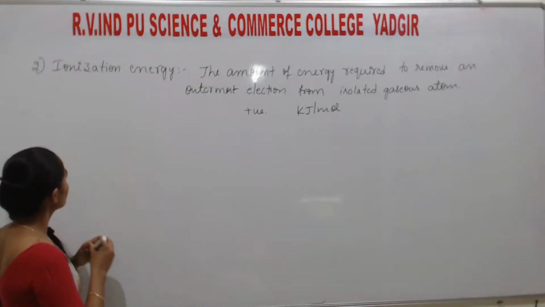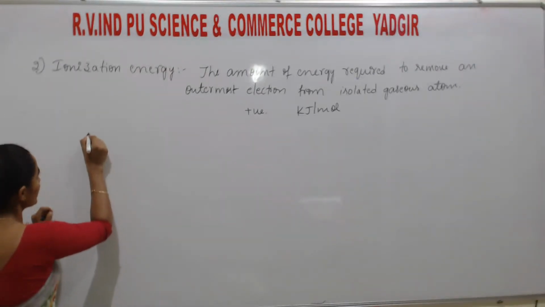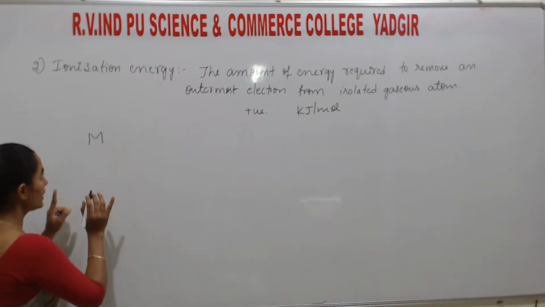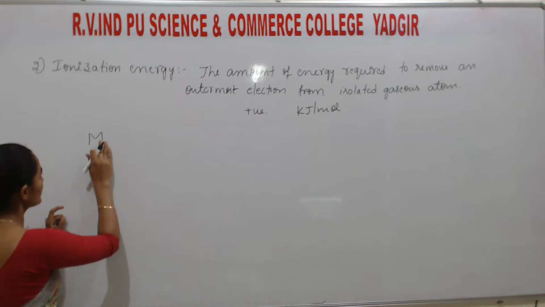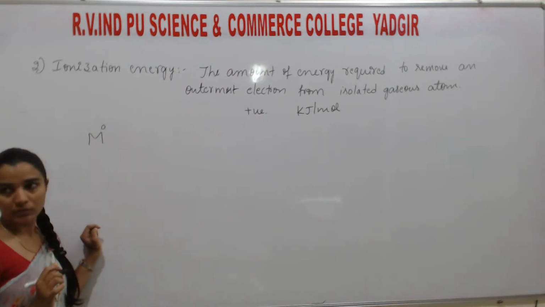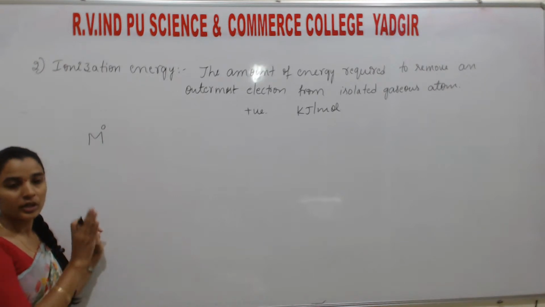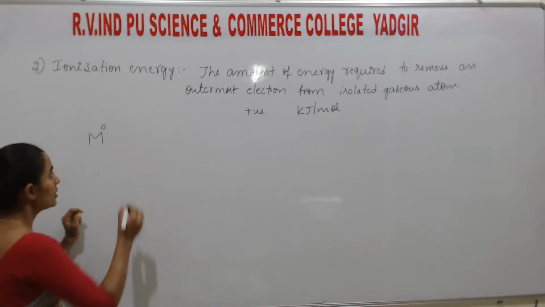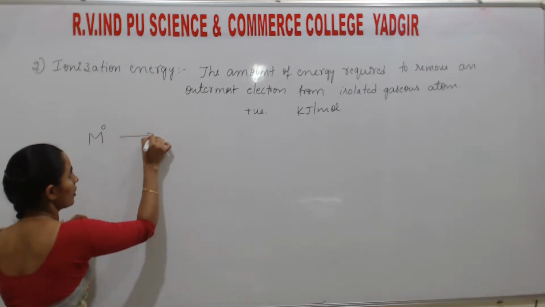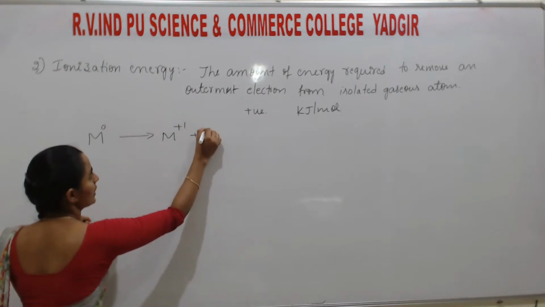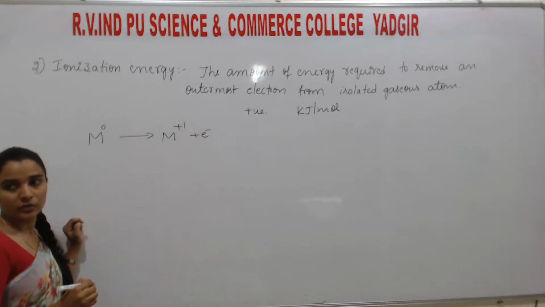Next, students, for example, I will take metal M. Assume it is neutral, its oxidation state is 0, with an equal number of protons and electrons. When we remove an electron, it forms M plus, plus an electron.